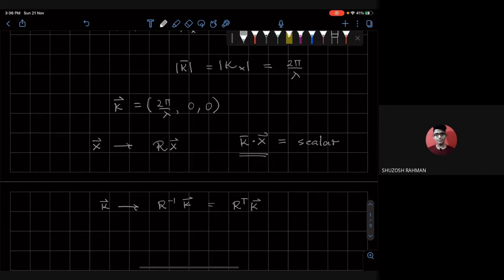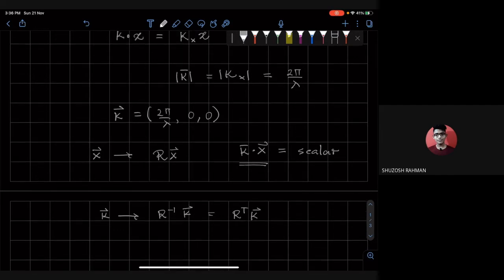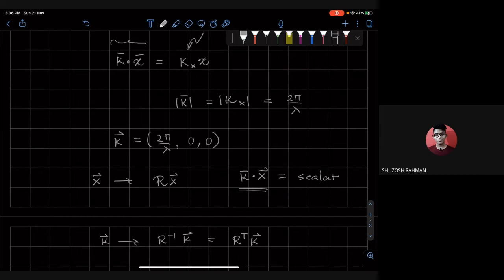So if you're confused about k, you can always say, okay, k is the wave vector we associate with some plane wave, and then we can always go to a reference frame in which it is, say, going along the x direction.